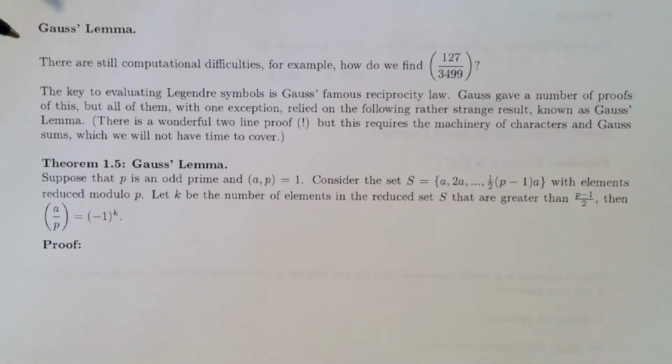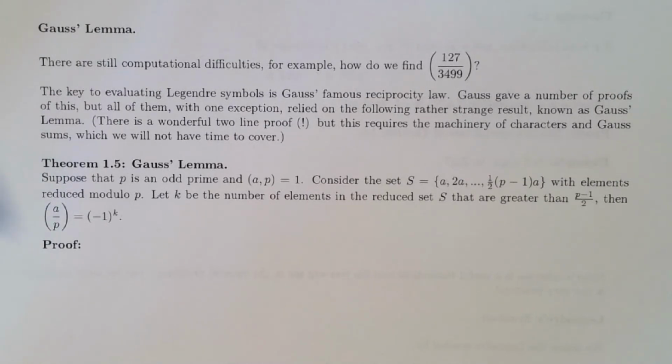Gauss, in fact, gave lots of proofs of this reciprocity theorem we're going to get to. However, it was Eisenstein who gave what Gauss regarded as the best proof of it, and most of the proofs of the reciprocity theorem all depend on Gauss's lemma, as does Eisenstein's one.